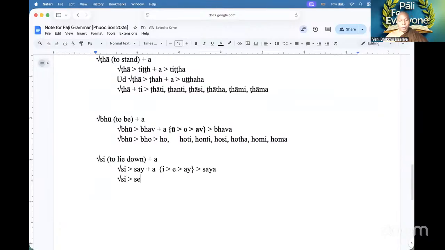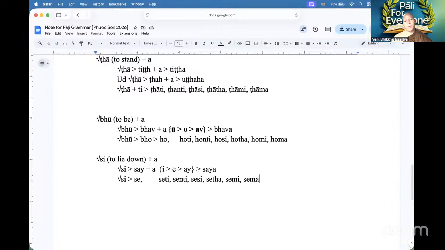So from that one, we can have sedi, sendi, sesi, seta, semi, sema. So sedi, he lies down. Sendi, they lie down. Sesi, you lie down. Seta, you lie down. Semi, I lie down. Sema, we lie down.